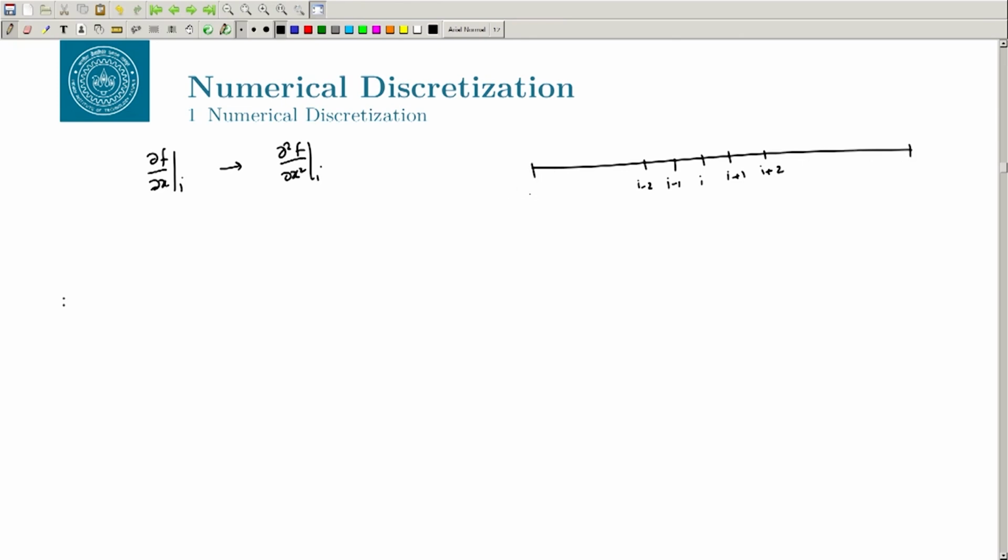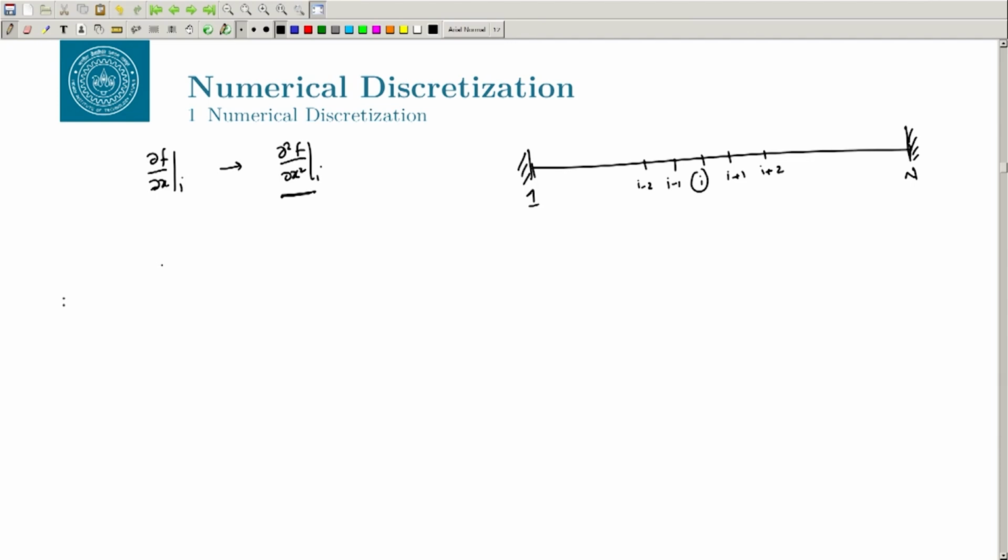This is 1 to n, and there will be boundary conditions at 1 and n, and in the interior points you have to approximate the derivatives. So, at I you want to calculate the second order derivative. Let us take the points I minus 1, I plus 1 and I.